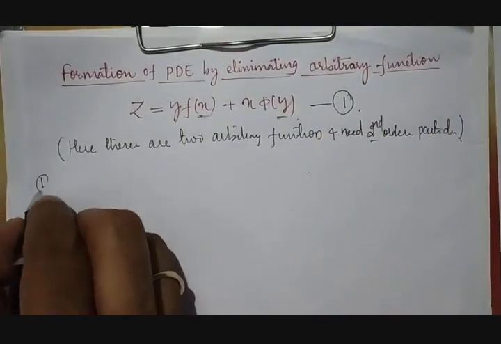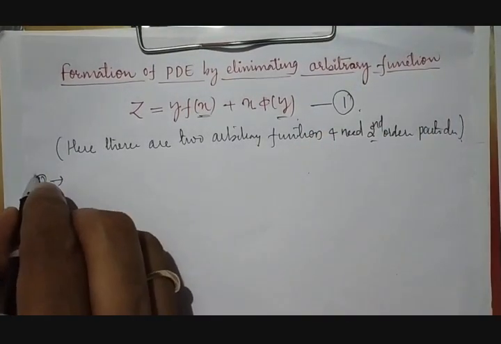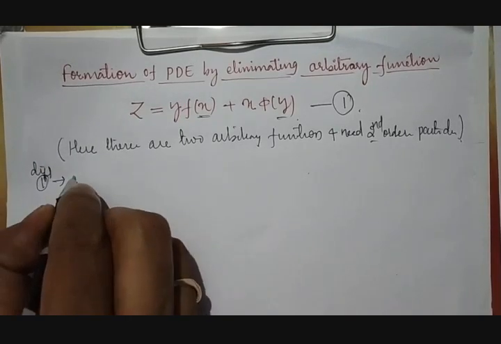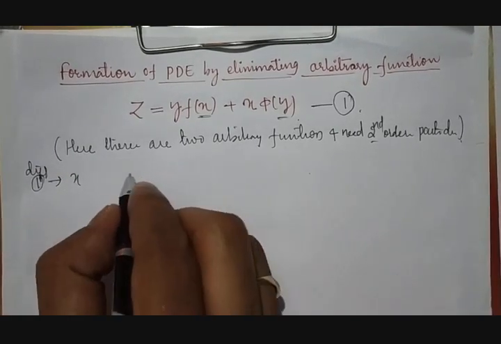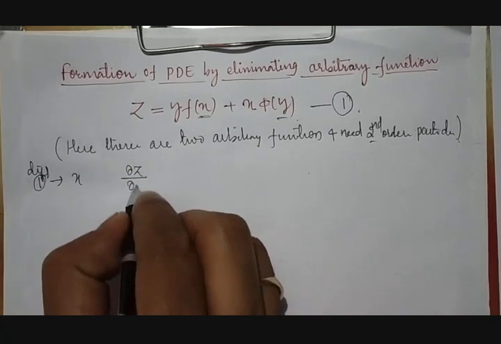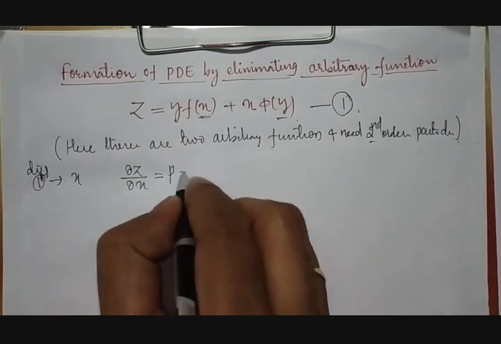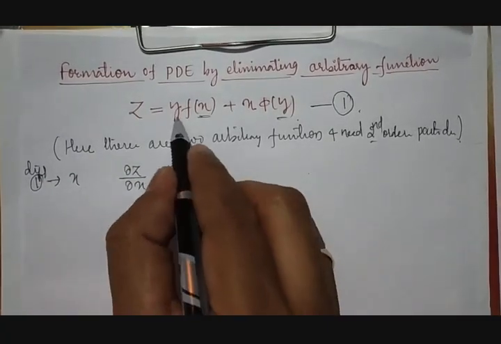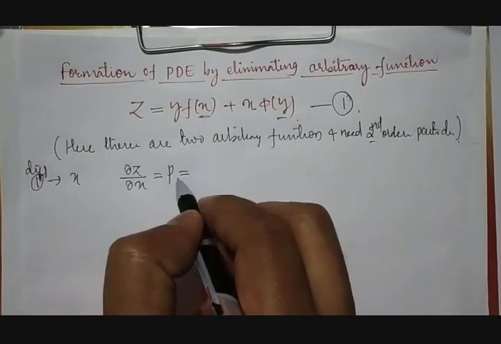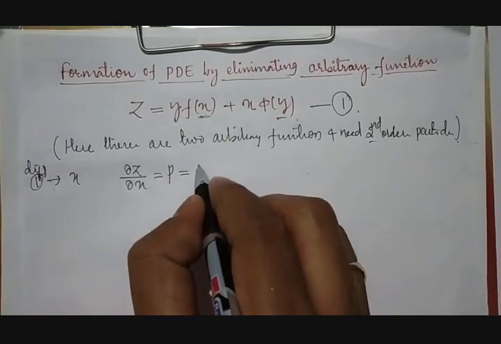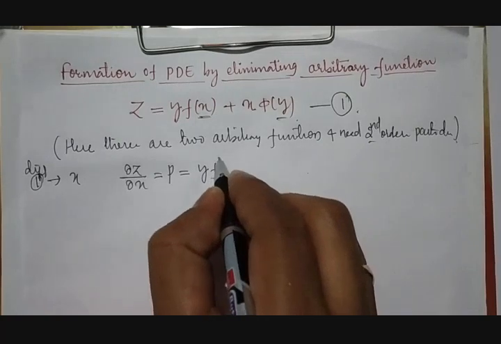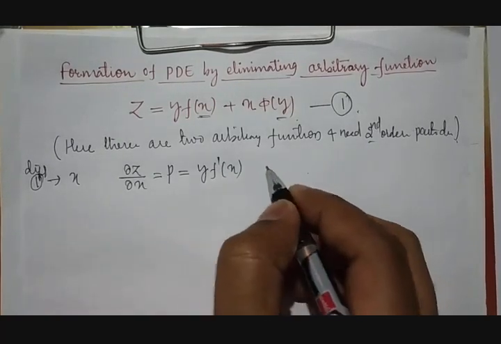Then differentiate this equation 1 with respect to x. Then what we get? We'll be getting dou z by dou x, which is nothing but p. That is equal to differentiation of this equation number 1 with respect to x. So y constant, differentiation of f of x will be f dash of x.